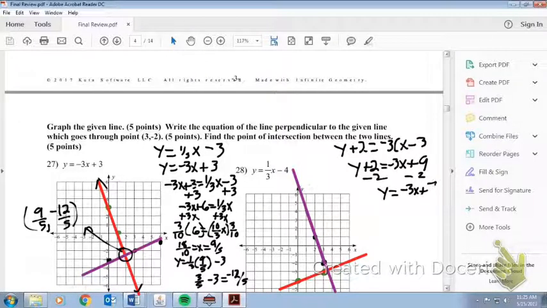Still need to find that point of intersection. So we're going to repeat what we just did. We're going to go y equals negative 3x plus 7 and y equals 1/3 x minus 4. We're going to set those equal to each other. So we have 1/3 x minus 4 equals negative 3x plus 7. We're going to start off by adding 4 to both sides, combining like terms.